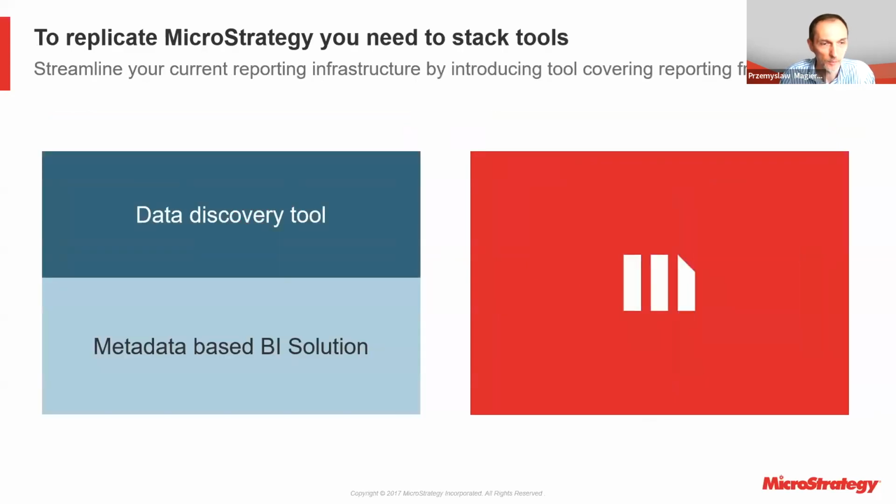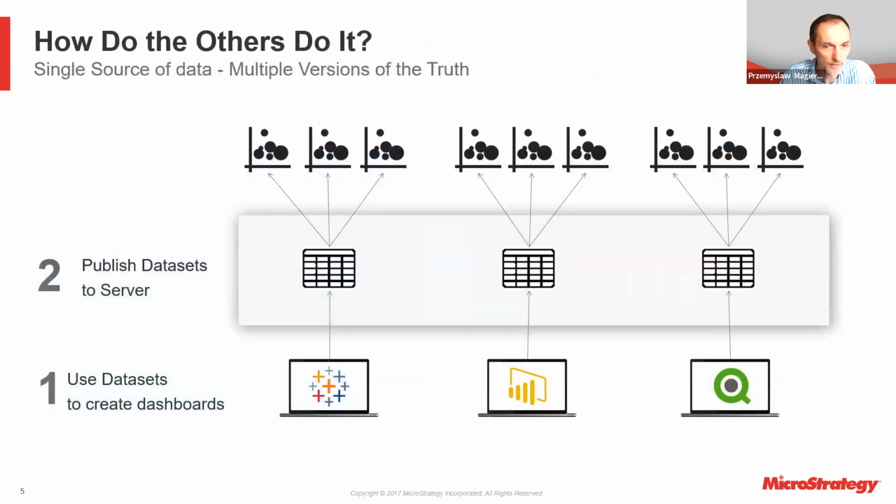So typically what you see in the market is that you have two separate groups of tools, for data visualization and for metadata, and then you try to combine this. Whereas in MicroStrategy, you have this one platform that allows you to use self-service at scale and in a governed way. So what happens typically with various tools, let's assume even a single source of data, right?